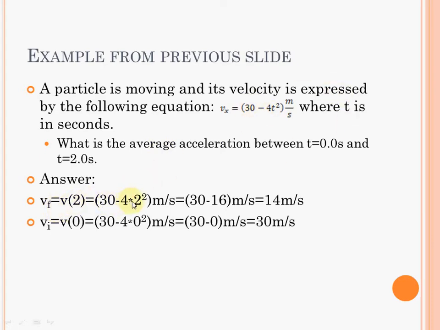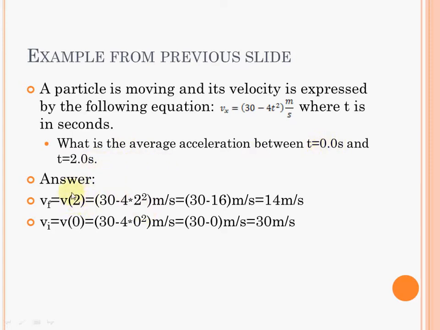30 minus 4 times 2 squared, since we're plugging in 2, gives you 30 minus 16 meters per second, which equals 14 meters per second. So that's our final velocity. Sorry, I jumped the gun. I let this one come out too early. The initial velocity is when we plug in 0, since the wording said it is from t equals 0 to t equals 2.